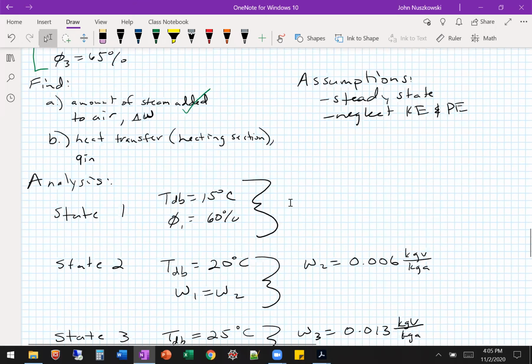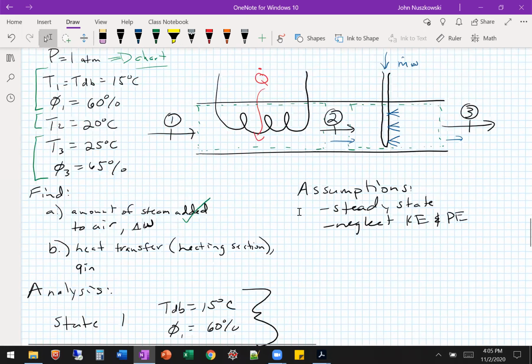All right, so part B, the heat transfer in the heating section. What do we do for that? How do we get the heat transfer in the heating section?